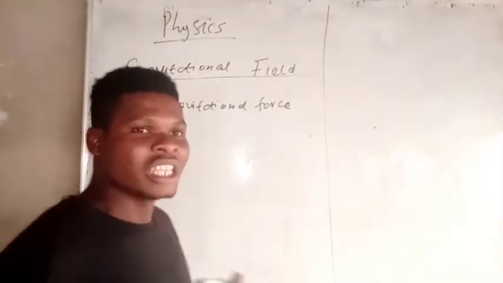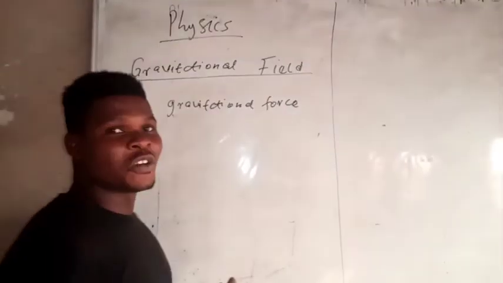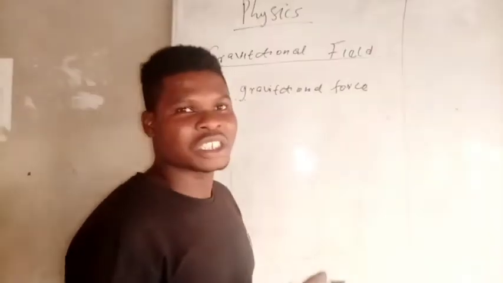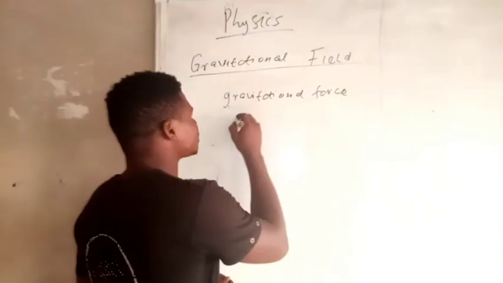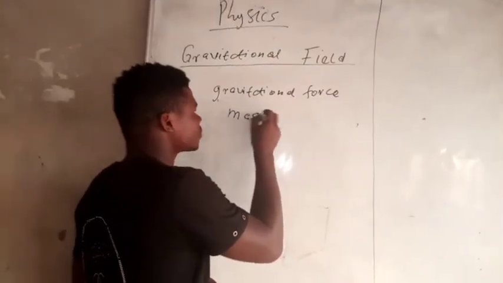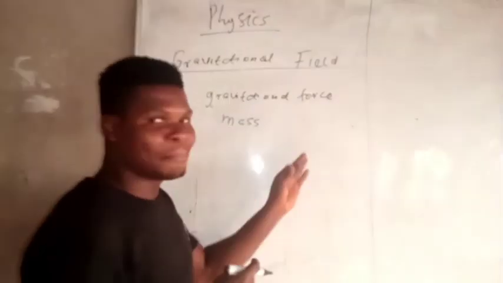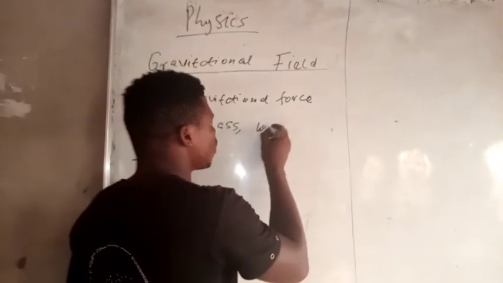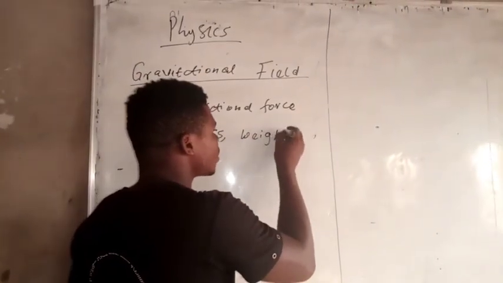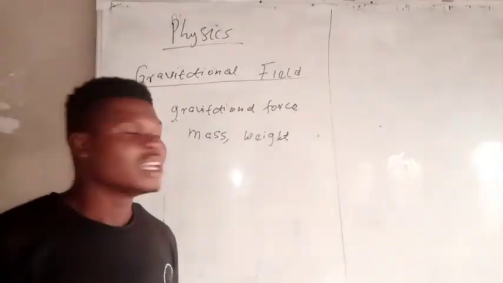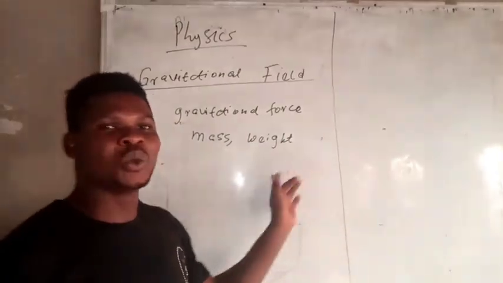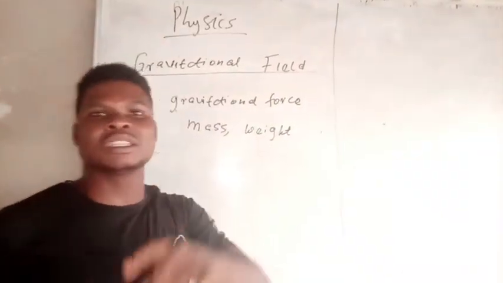For an object to feel the effect of gravitational force, that object must possess mass, which is a function of its weight. What is weight? Weight is the gravitational attraction which the Earth imposes on the body.